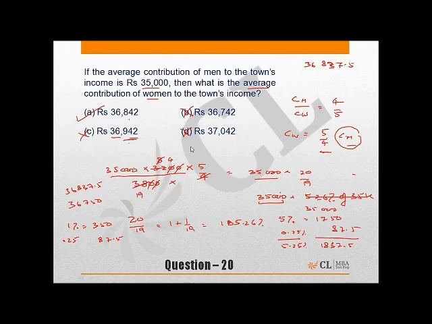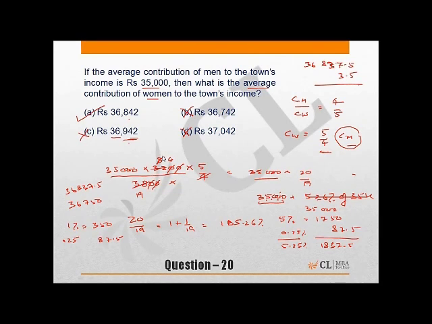It will not happen. If you want to be sure, again we can go back to it. 10% is 3,500, 1% is 350, 0.1% is 35, 0.01% is 3.5. So you need to add another 3.5 approximately. So you'll get the answer as 36,842. So when you have to calculate percentage, it is always easier to break it into smaller components.